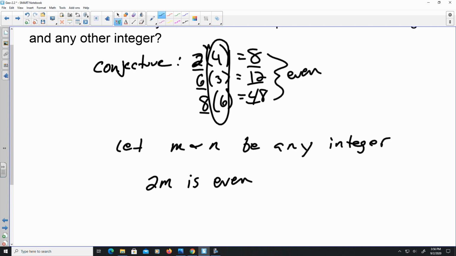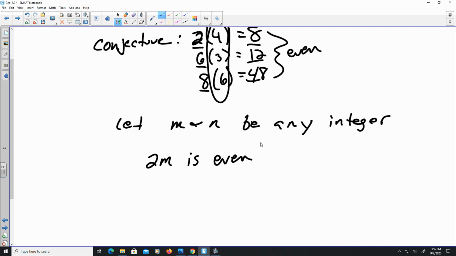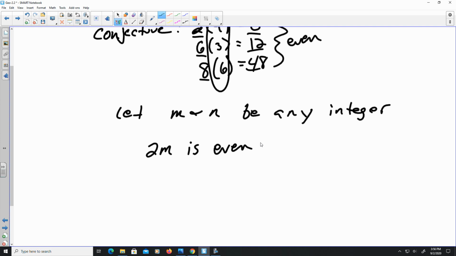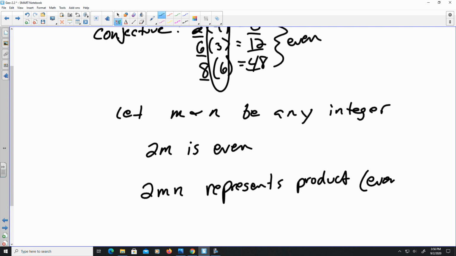So 2 times whatever integer will give me an even number. 2 times 2 is 4. 2 times 3 is 6. 2 times whatever, it's going to give me an even number. So now what I'm going to say is 2m times n represents the product of an even and any integer.